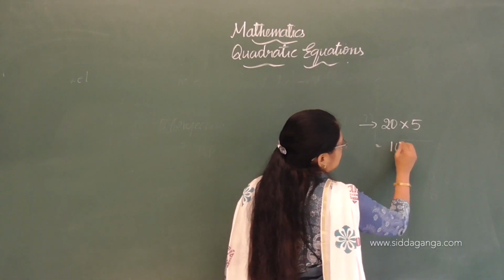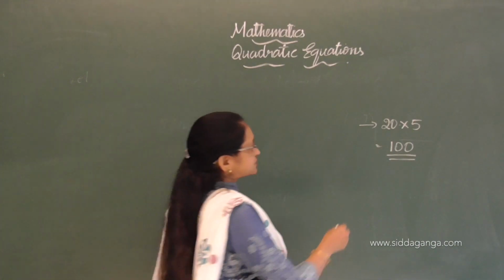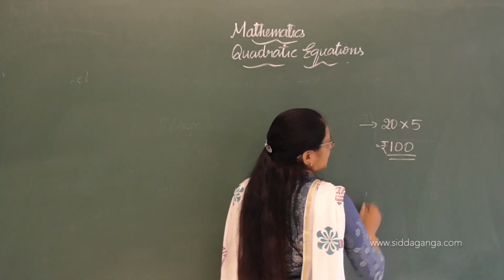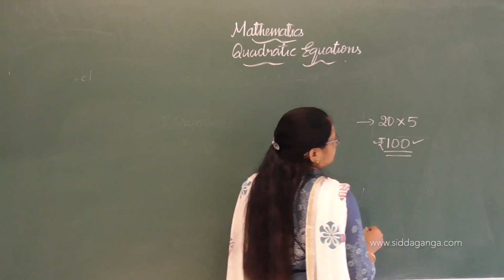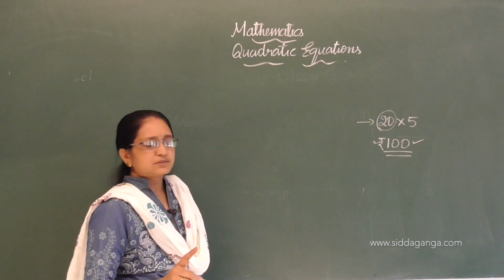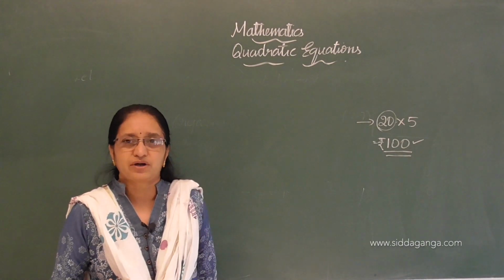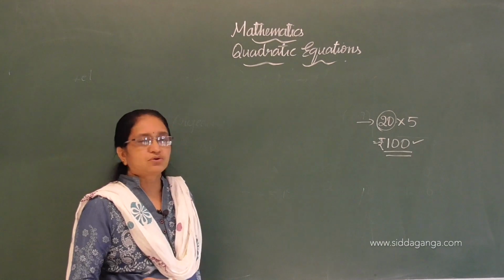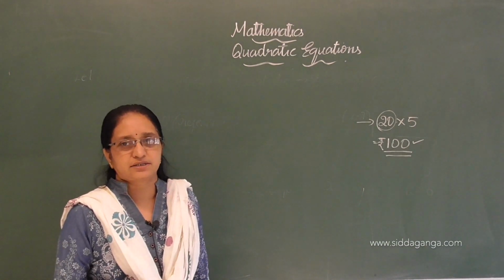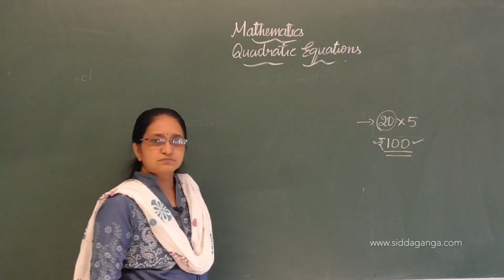So the total amount for that is rupees 100. What is the cost of each article here? That is 20, number of articles 5, okay, total cost is 100. So based on this concept we are working here now, okay.